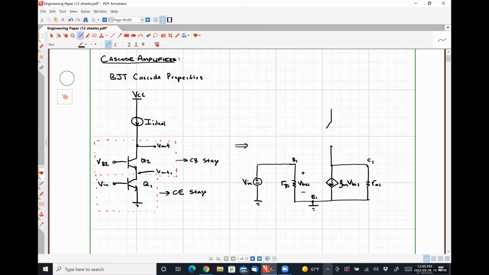So let's go ahead and add in transistor Q2. So here we'll have gm2 VBE2. A resistor ro2. This is the collector terminal of transistor Q2. Here is my output terminal.